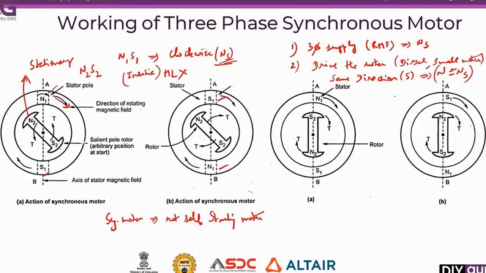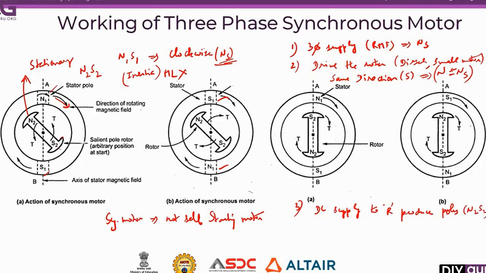Then the third point is, after matching the speed, switch on the excitation of the rotor conductors. So the DC supply is given to the rotor to produce the poles. Here in this case it is N2 and S2.